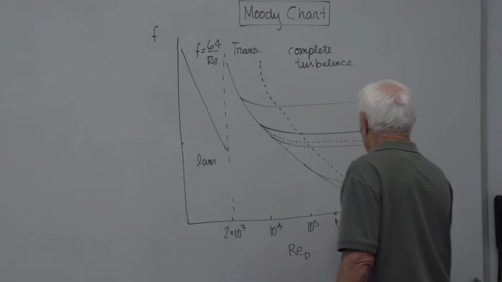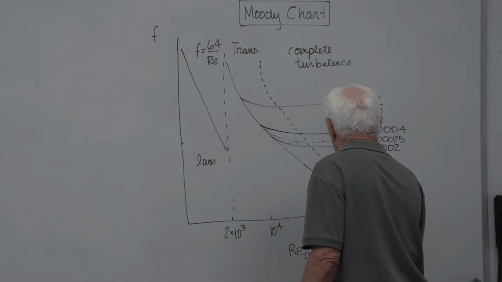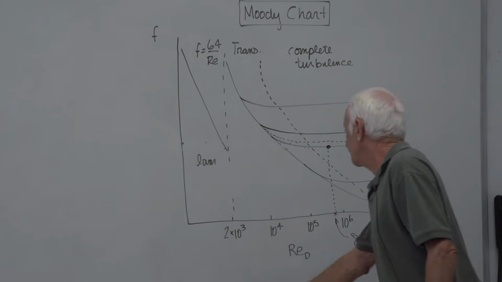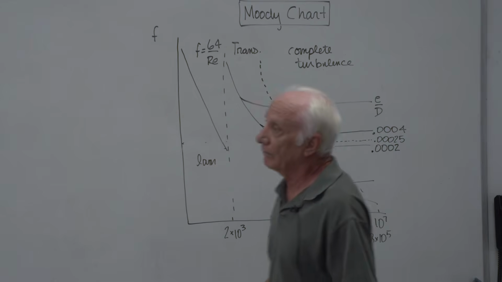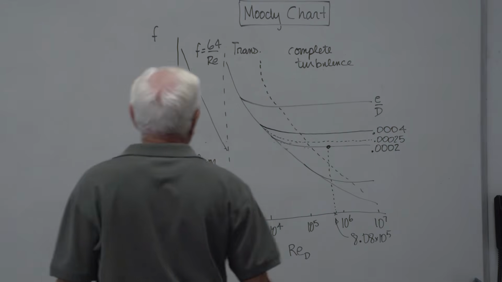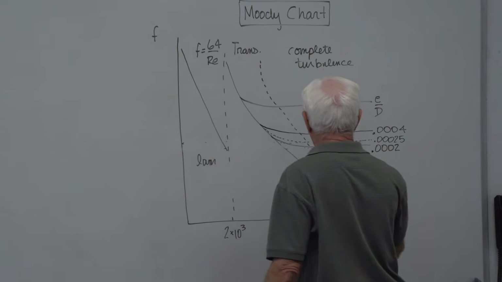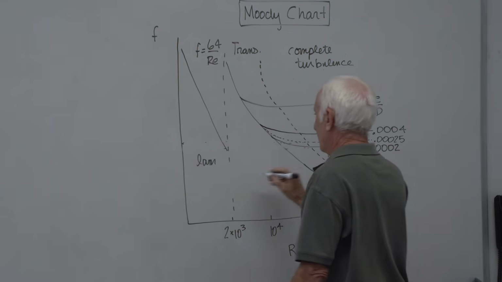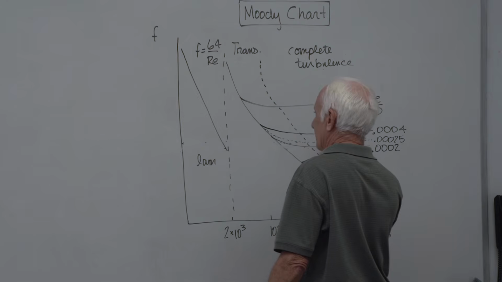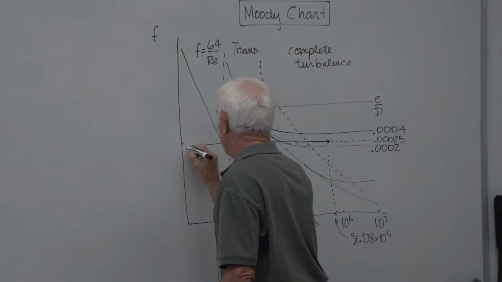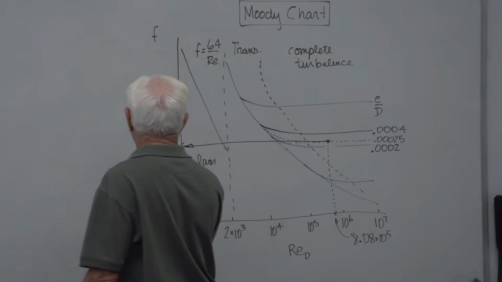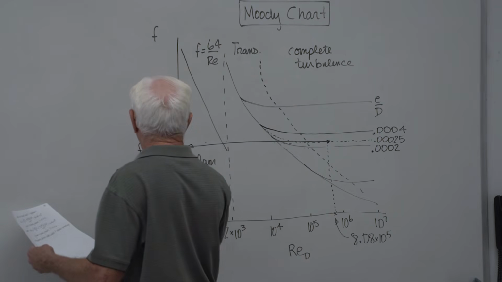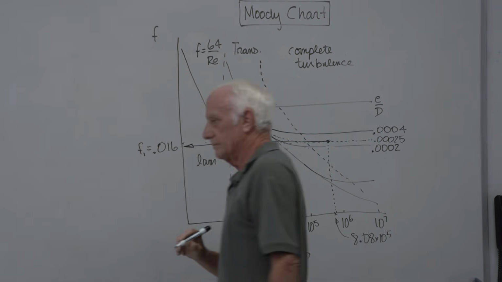I go up to the line labeled .002. That's, wait, oops, wrong one. That was my F1. And my epsilon over D is 2.5. So I go up to the line labeled 2.5. I read across where that is, and that F1 comes out to be 0.016.